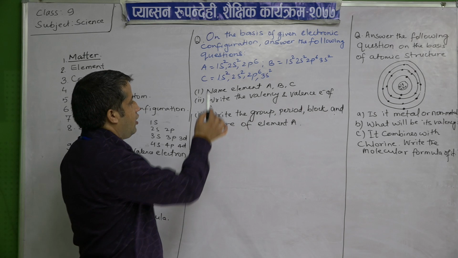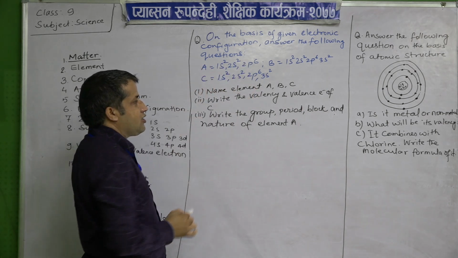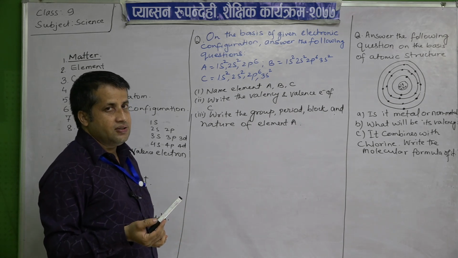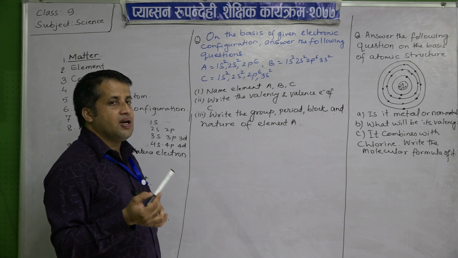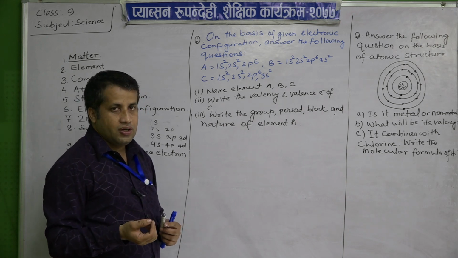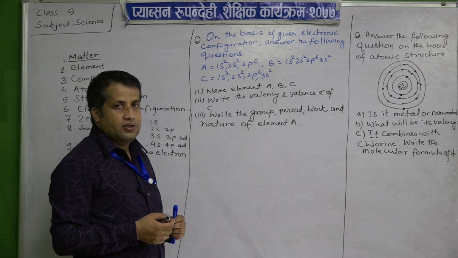Here 2 plus 2 plus 6 is how much? It is 10. And 10 is the atomic number of which element? Fluorine. So A is fluorine.